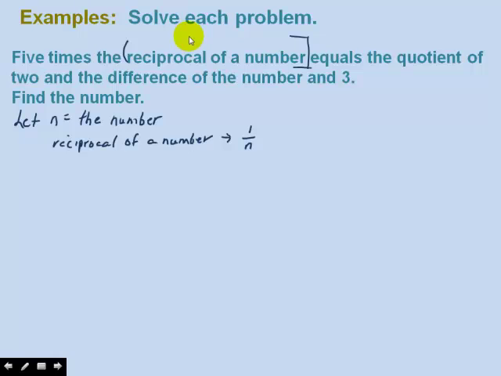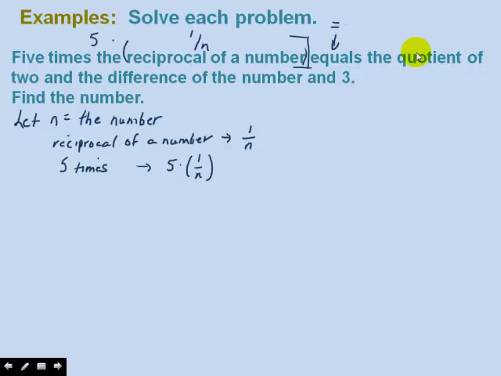So that part is 1 over n. And then we're going to take 5 times that whole thing. 5 times is just 5 multiplied by. So that's going to give us 5 times 1 over n. Now we have the equals, and that just translates into an equal sign.